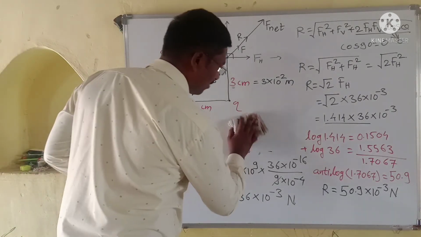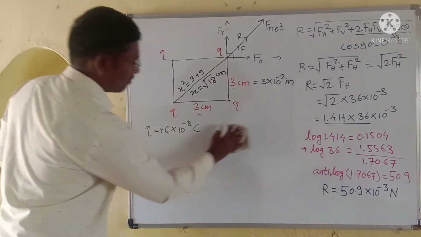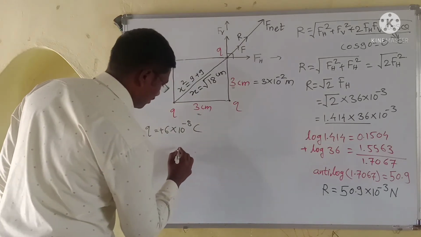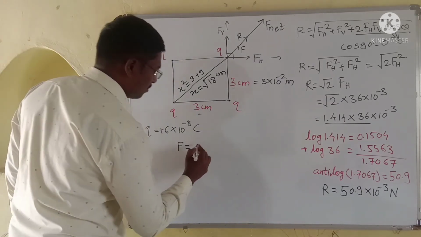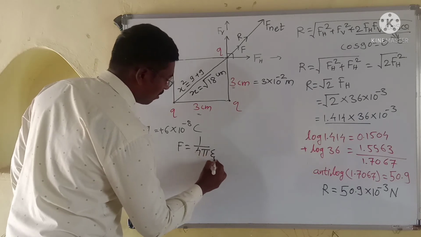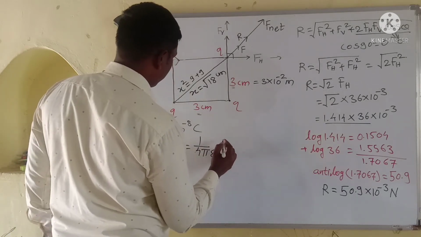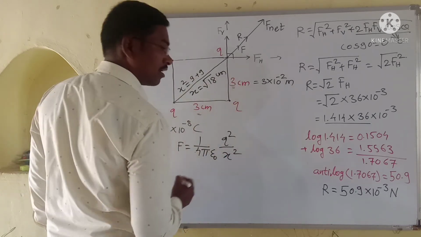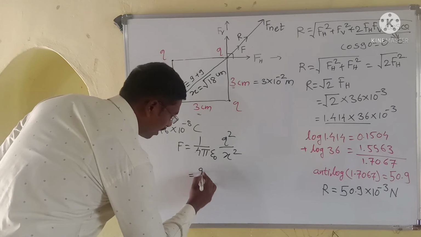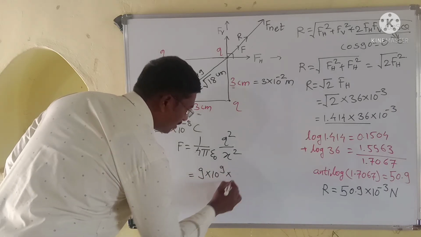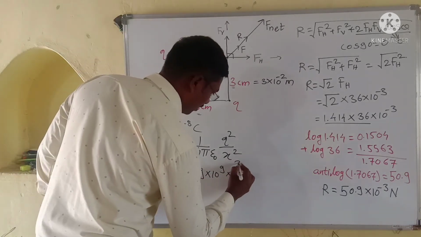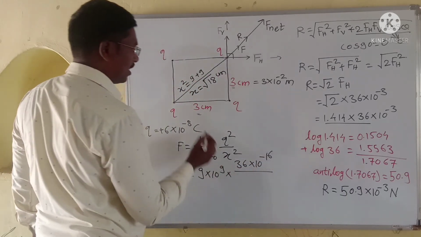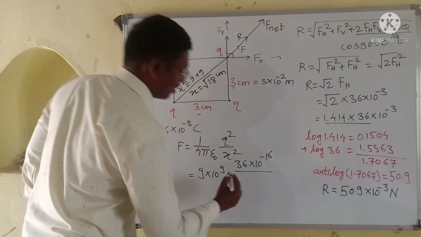Therefore, the force on this diagonal is F, which is equal to 1 upon 4 pi epsilon naught Q square divided by distance x square, which is equal to 9 into 10 raised to 9 into Q square, 36 into 10 raised to minus 16, divided by x square, whose square is 18.